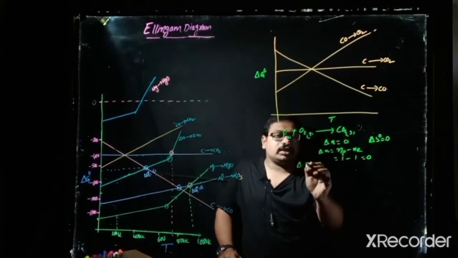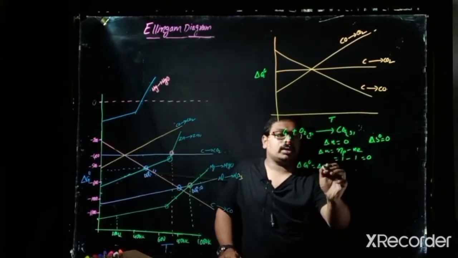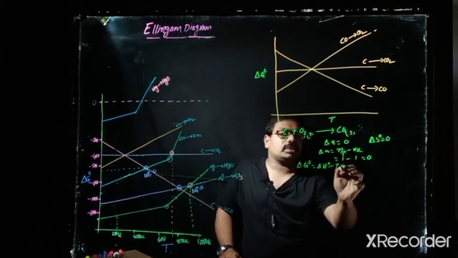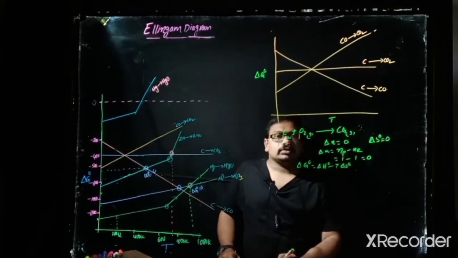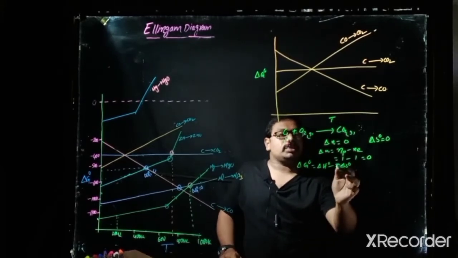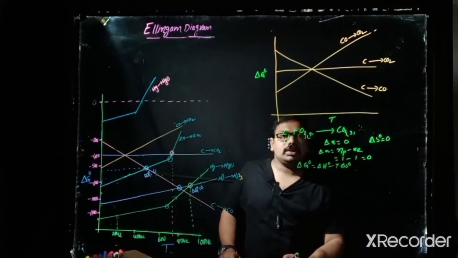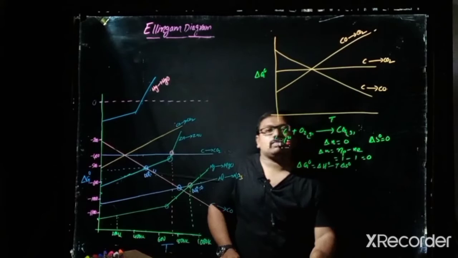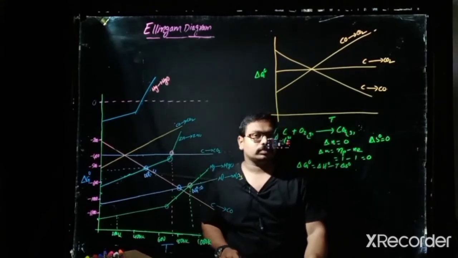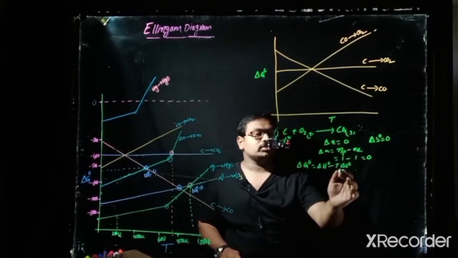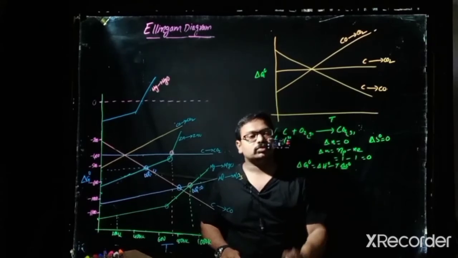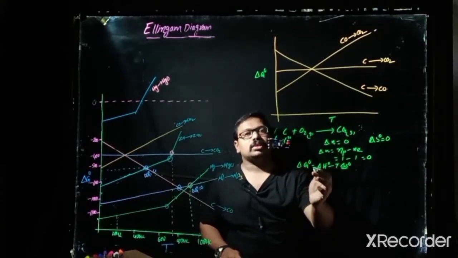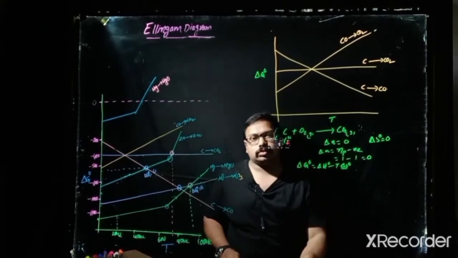So delta G naught is equal to delta H naught minus T delta S naught. This value will not change, because the change in entropy is 0, so this term is taken as 0, which means delta G naught is equal to delta H naught.